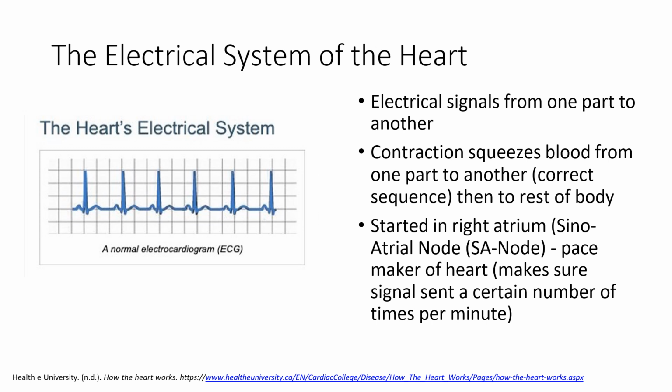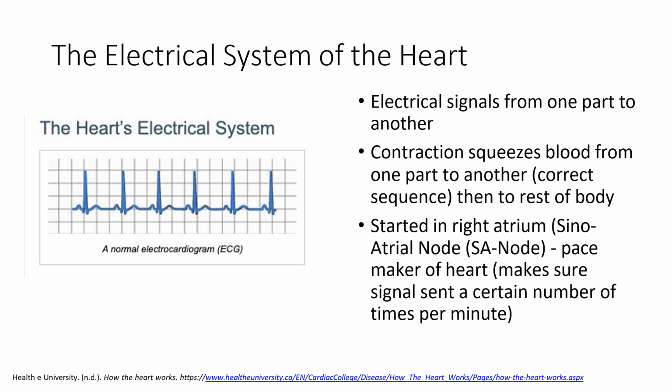And so it starts in the right atrium, and this is called the sinoatrial node. And this is the pacemaker of the heart, so it makes sure that a signal is sent a certain number of times per minute to ensure that the right volume of blood is being squeezed from one part of it to another and then to the rest of the body.